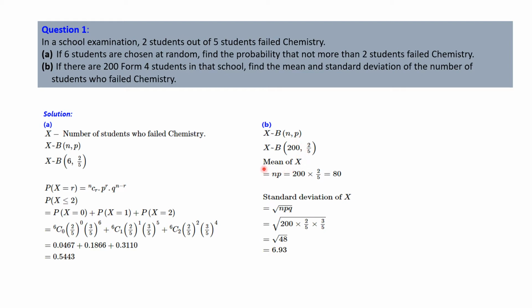The question wants us to find the mean, and we know that the formula for mean is n multiplied with p. So we use 200 times 2 over 5, then we get the answer of 80. Then to find the standard deviation, we use the formula of square root of npq, and we substitute the values accordingly into the formula. Then we will get the answer 6.93.